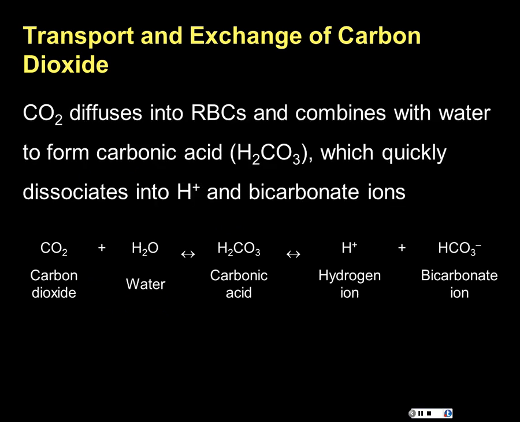Just reviewing the formula, we already covered this in lab, so I'll briefly walk through it. We've learned that when carbon dioxide is present, it can interact with water to form an intermediate molecule called carbonic acid. We also learned that this molecule is kind of unstable, and so as soon as it's formed, it'll dissociate into its ionic form, into hydrogen ions and bicarbonate ions.